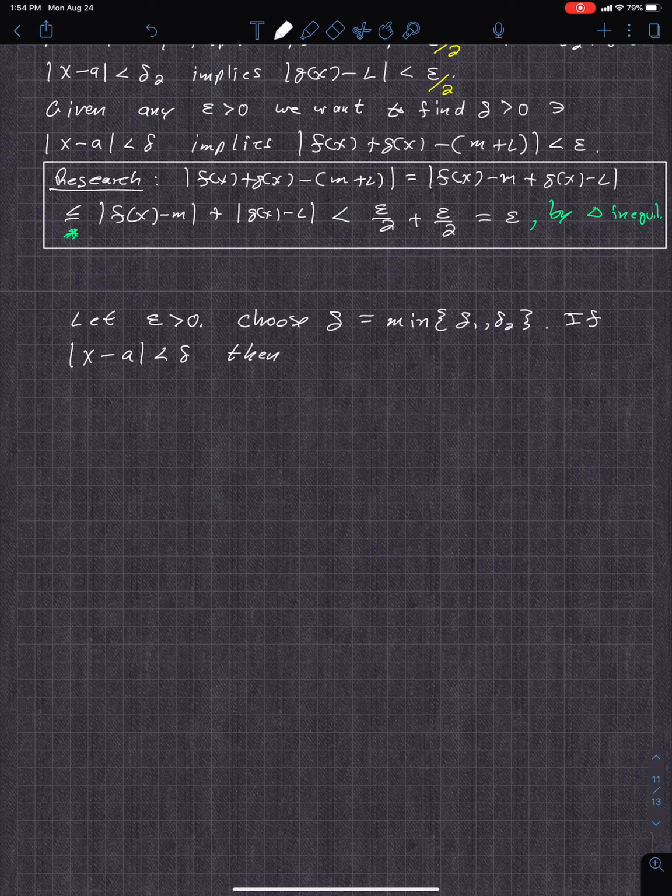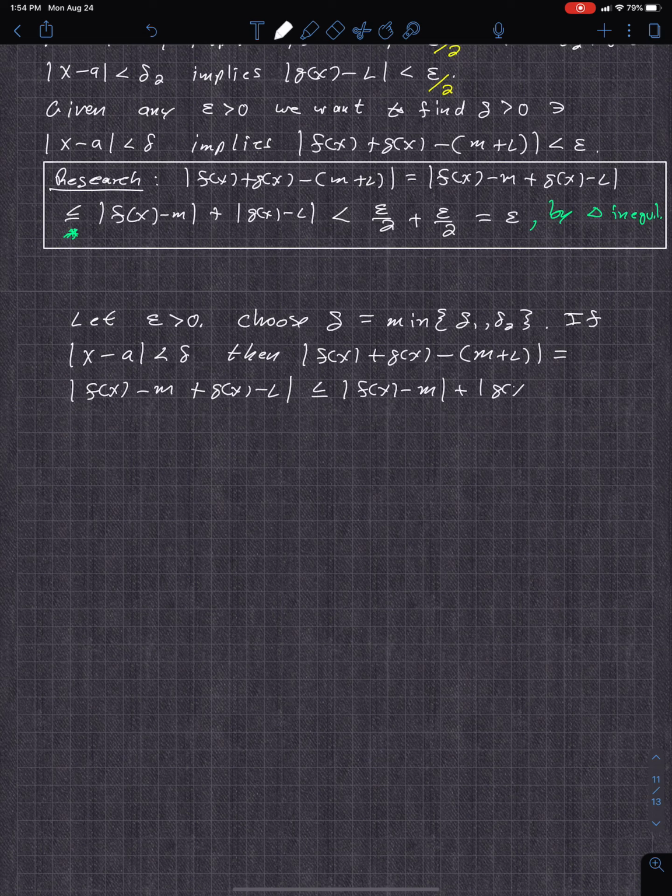So then absolute value of f of x plus g of x minus m plus L is equal to absolute value of f of x minus m plus g of x minus L. And then by the triangle inequality, that's less than or equal to absolute value of f of x minus m plus absolute value of g of x minus L. So then by the assumption, that is less than epsilon over 2 plus epsilon over 2, which equals epsilon, which is exactly what we wanted to prove.